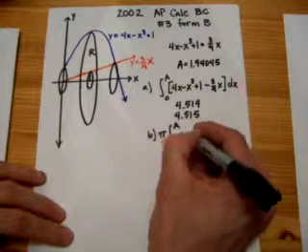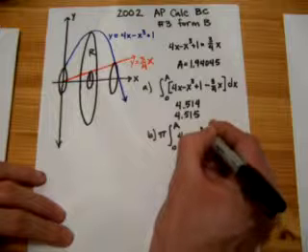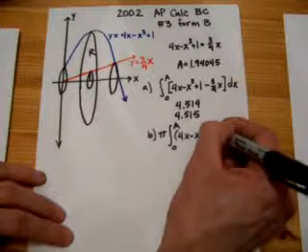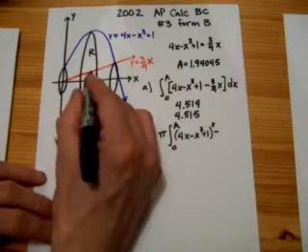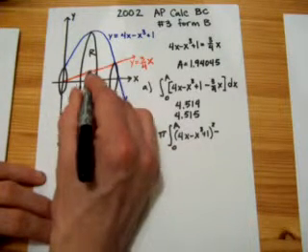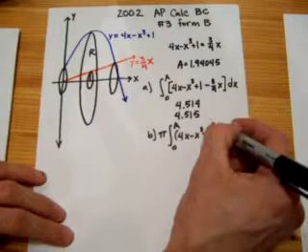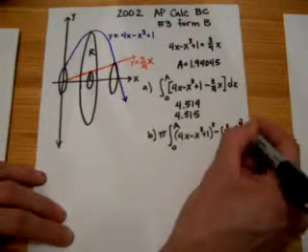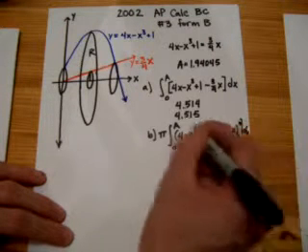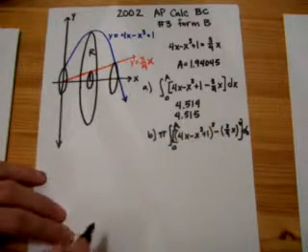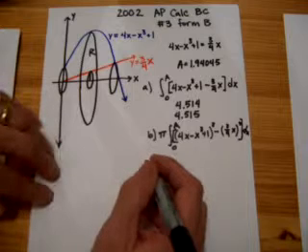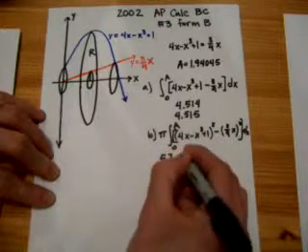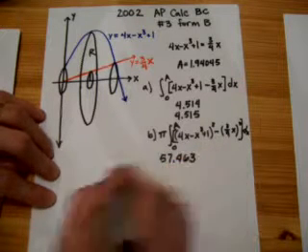That would be 4x minus x cubed plus 1 squared, minus the little radius squared, which is from the x-axis up to the red line, 3/4 x squared dx. Plug that into your calculator and you get 57.463.